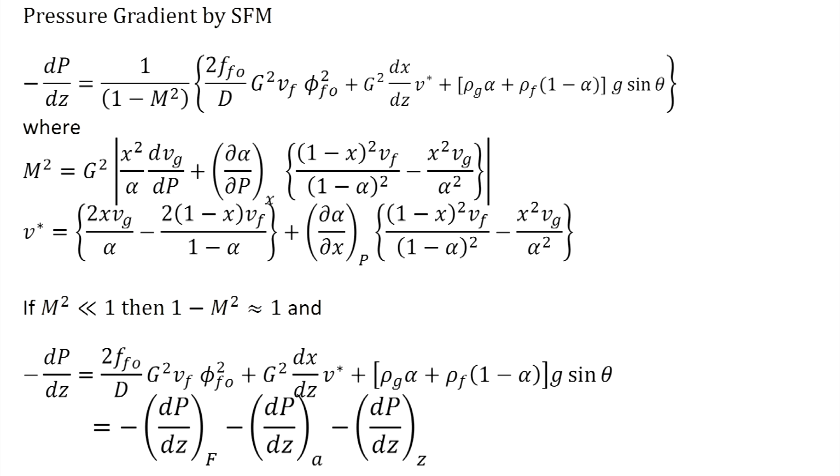Now, by neglecting m square we get minus dp by dz is equal to this expression which was in the bracket, and we identify the first term as the pressure gradient due to friction, the second term is pressure gradient due to acceleration, and the third term is the pressure gradient due to gravity. And by integrating these pressure gradients we will get the pressure drops.